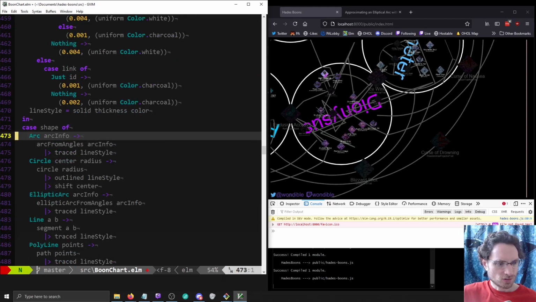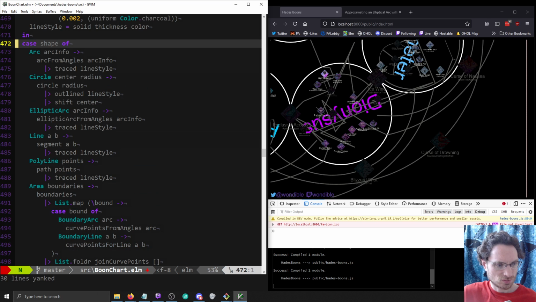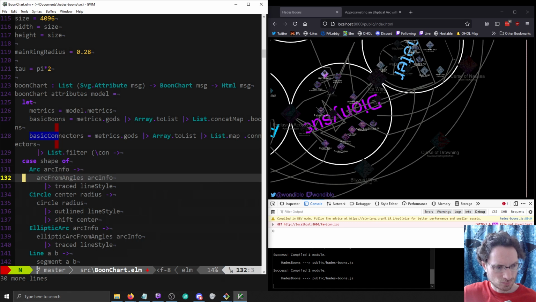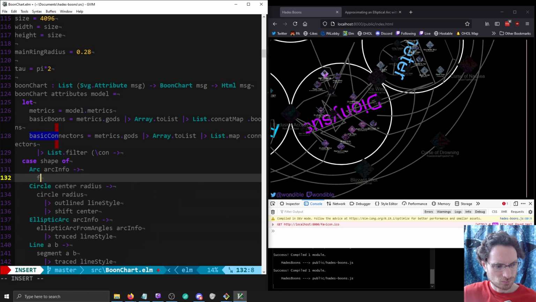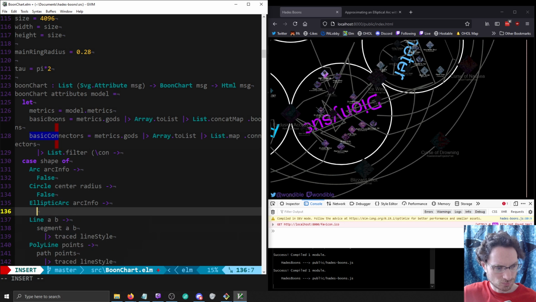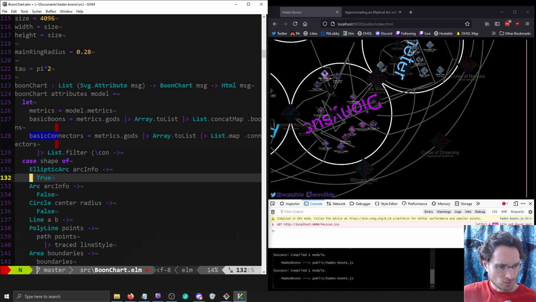Display boon connector. Actually, we can just do this.